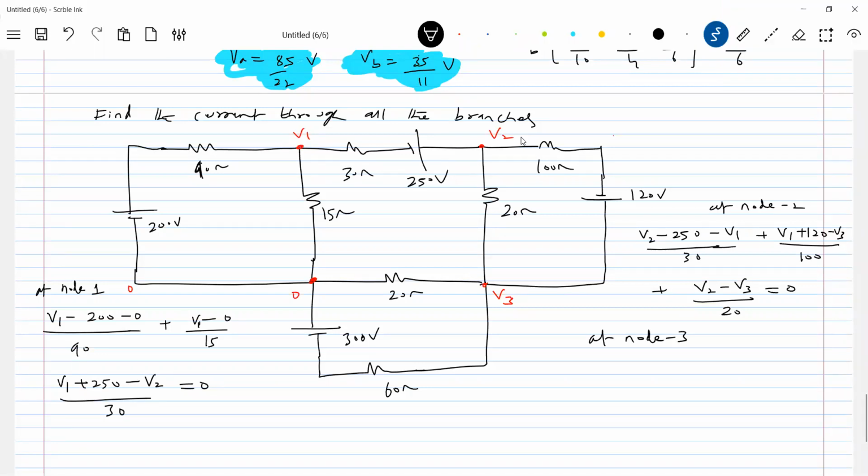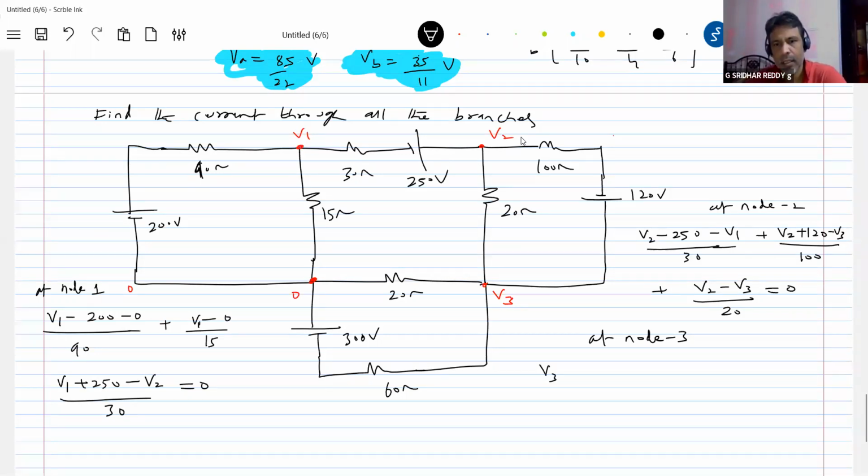Sir, it should be V2 plus 120 minus V3, no? V2 minus V3 by 20, no? V2 plus 120 minus V3. Okay, the V2 is missing. Yeah, fine. At node 3, it should be V3 minus 0 by 21.